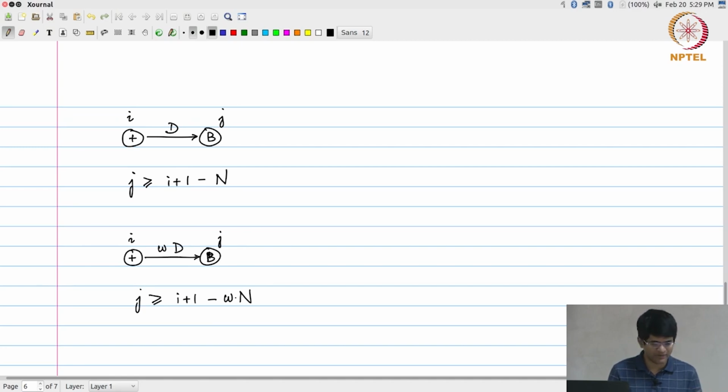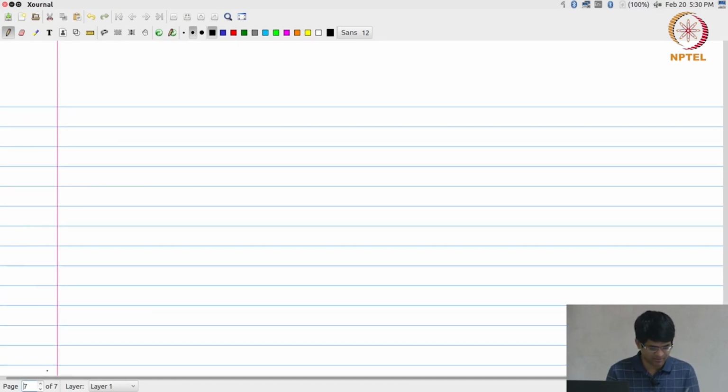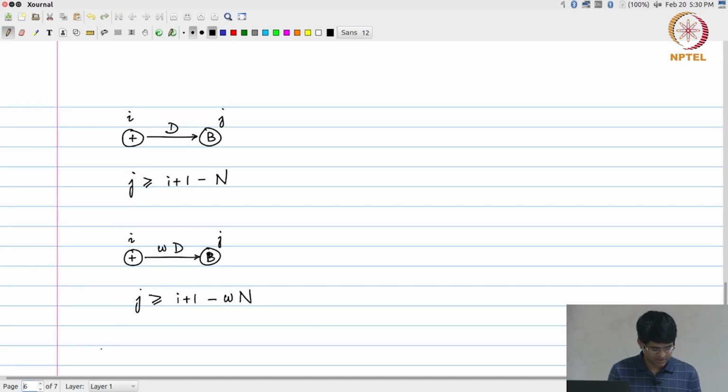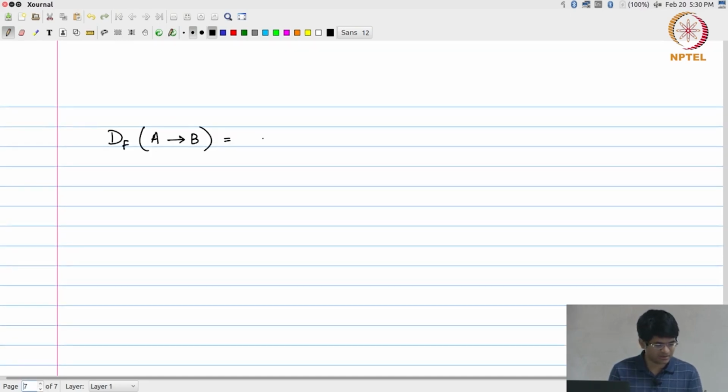And I can go one step further and define this term that I am going to call the df between actor A and B, which is equal to the difference between the actual j and the time when it was actually scheduled. What exactly is the meaning of this will become a little bit more clear when we take up a detailed example and work through it.